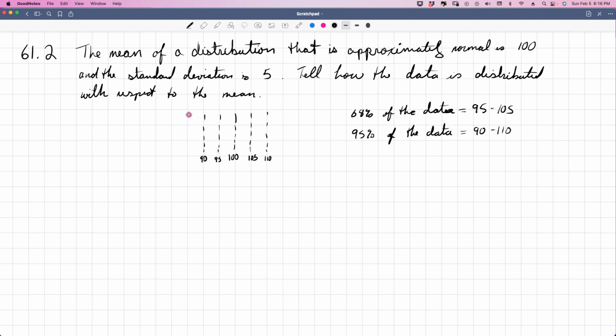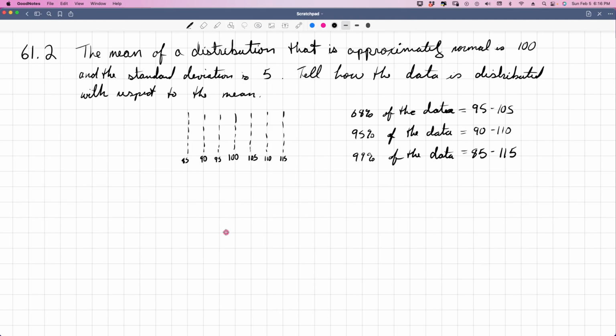And then finally, for that third standard deviation on either side of the mean, we have 85 and we have 115. So 99% of the data should fall between 85 to 115.